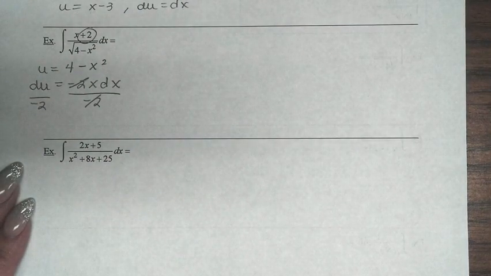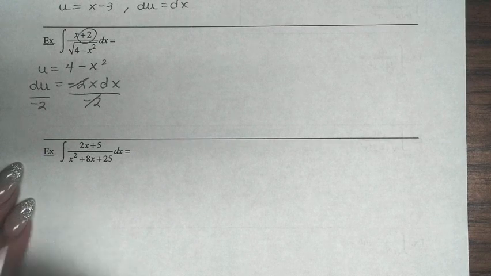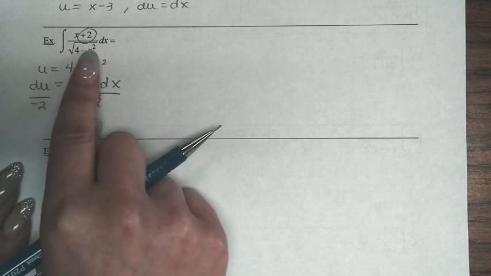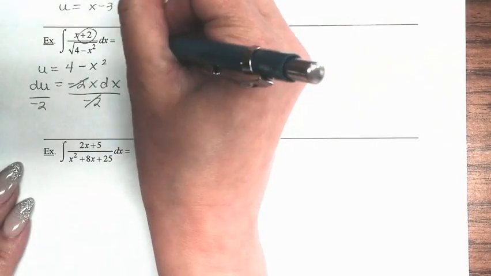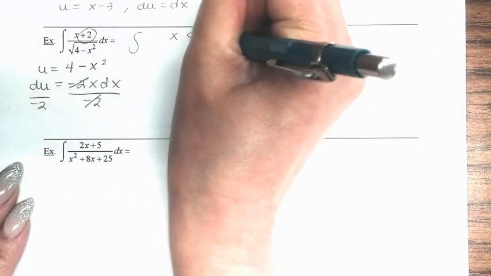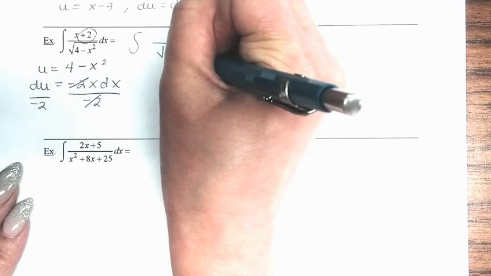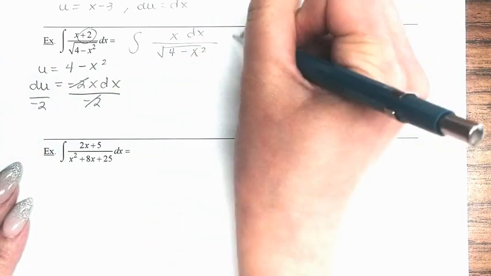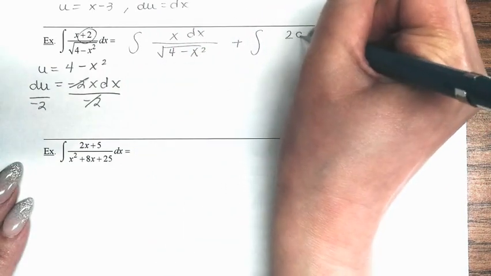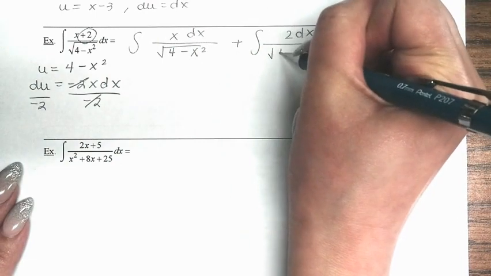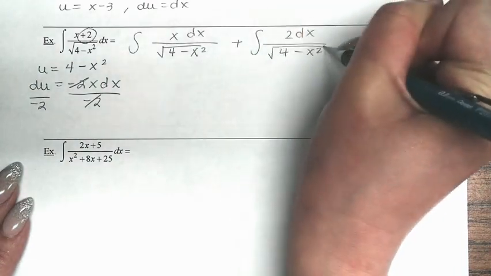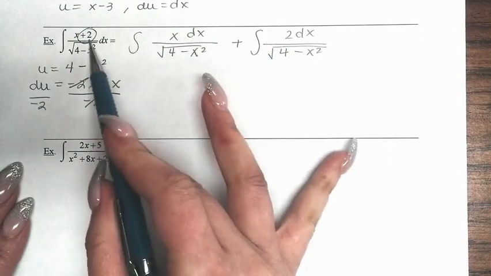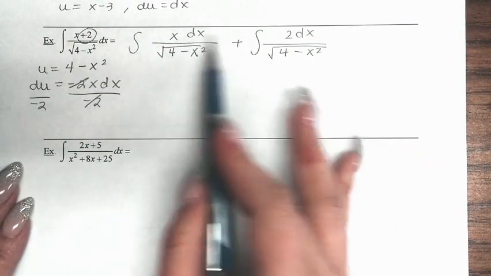Since you know how to work with fractions, we can split this into two fractions: the integral of x dx divided by the square root of 4 minus x squared, plus the integral of 2 dx divided by the square root of 4 minus x squared. So pretty much I just split this into two pieces.